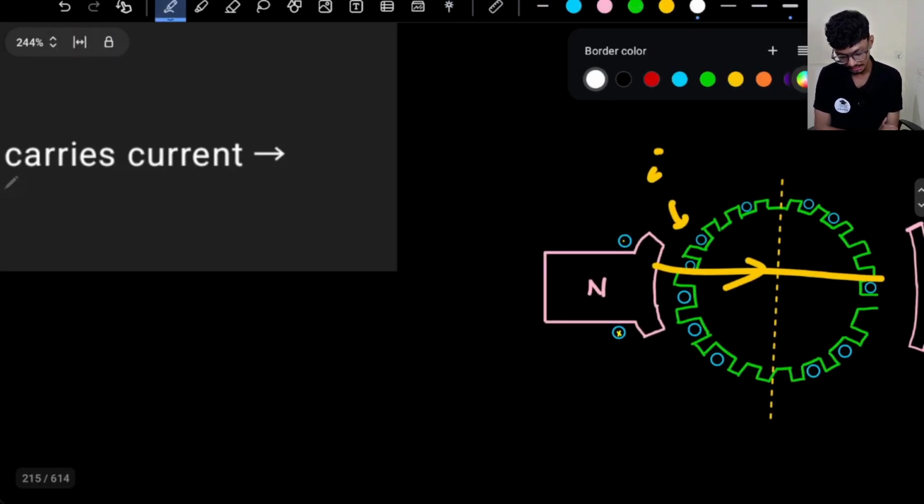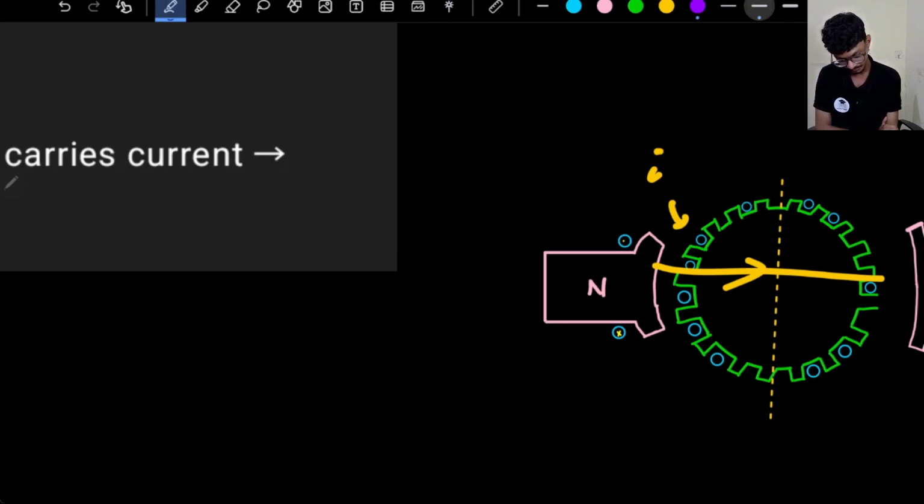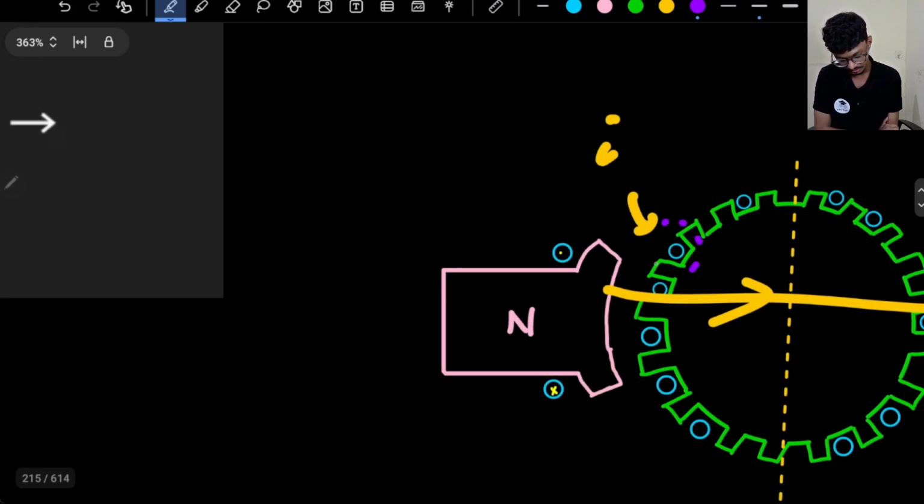It will have either a clockwise direction or an anti-clockwise direction, depending on whether it is inwards or outwards, right? So if I assume it to be in the clockwise direction, so what will happen?